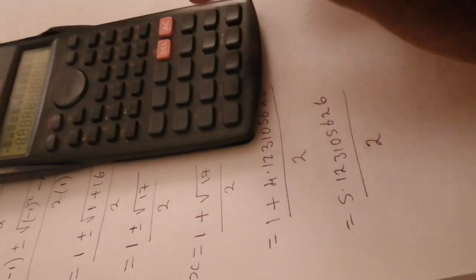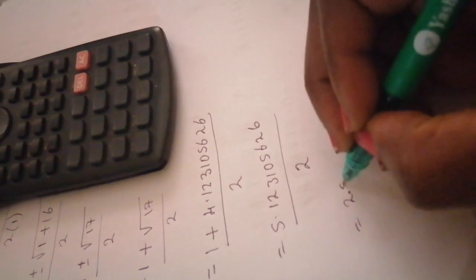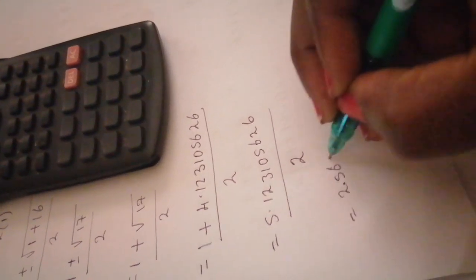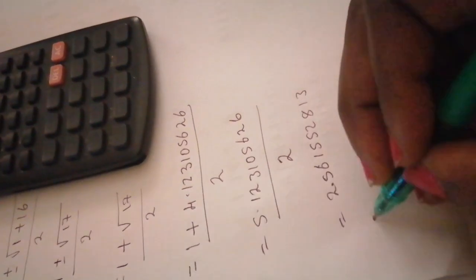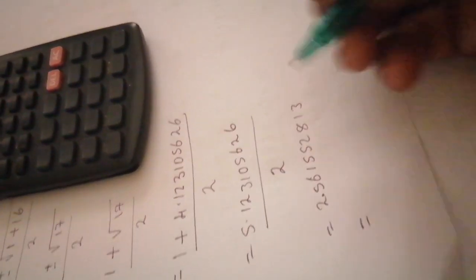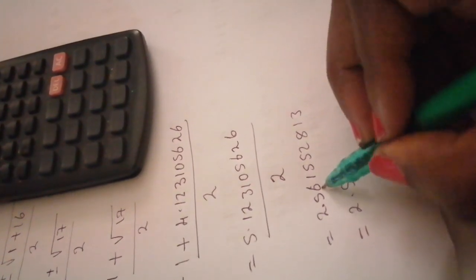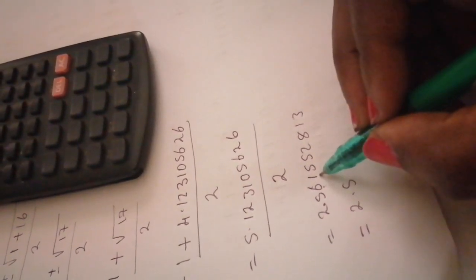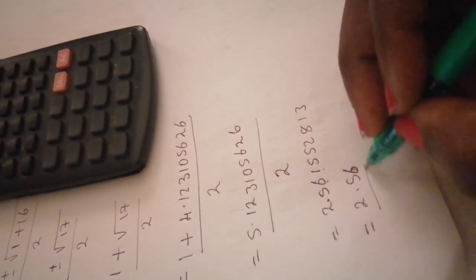Okay, when we divide by 2, the answer is 2.561552813. Giving the answer correct to 2 decimal places, we have 2.56. We need to end here. 1 is below 5, so we'll just get 6 the way it is, like that.